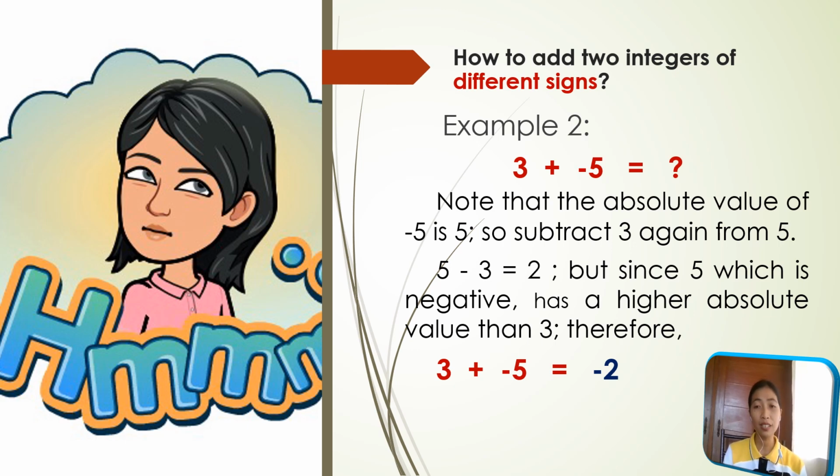So subtract 3 again from 5. So we will have 5 minus 3, and that is equal to 2. But since 5, which is negative, has a higher absolute value than 3, therefore 3 plus negative 5 is equal to negative 2. Okay?